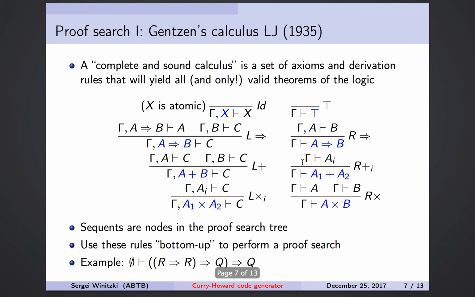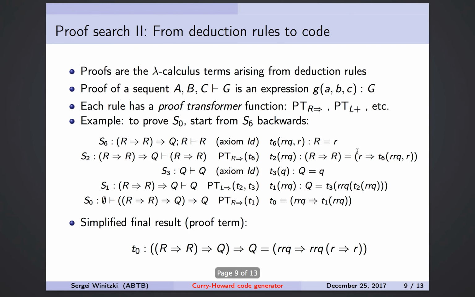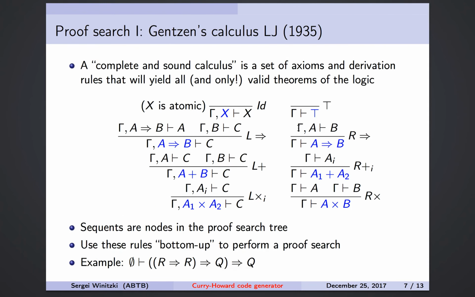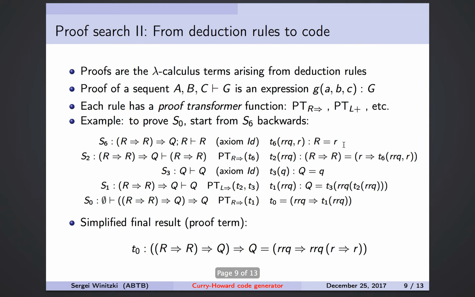Let me remind you that the rule right implication is like this. If I have this proof term, I should produce a proof term with a function as a goal. So that's how it works. So the proof transformer takes a function of this type and returns a function of that type.